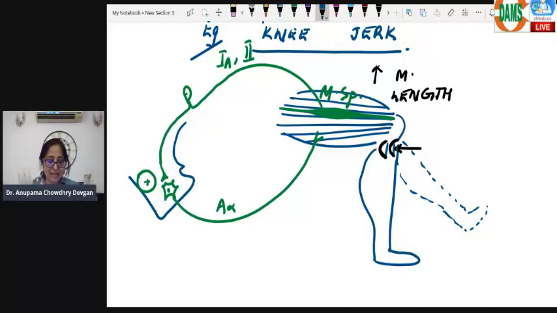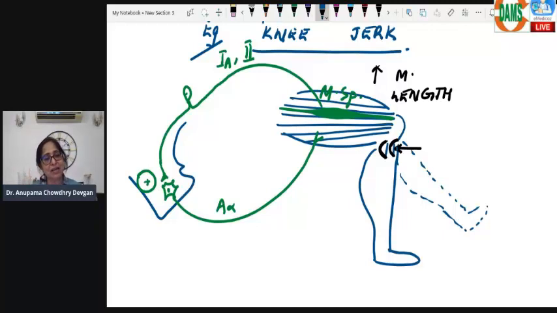There is a difference between the two things. It is A alpha. A gamma is motor to the muscle spindle. A alpha is motor to the extrafusal muscle fibers.